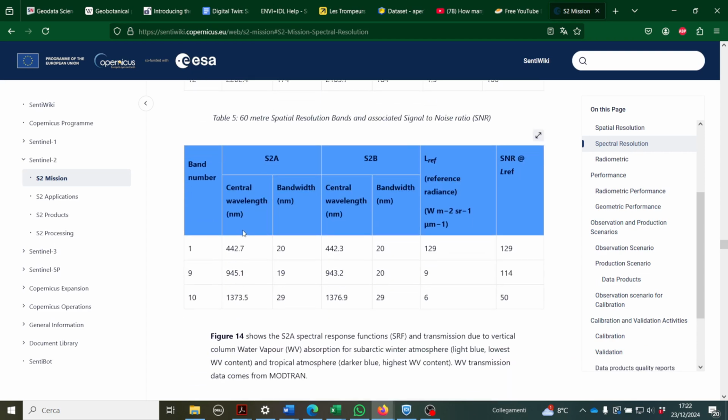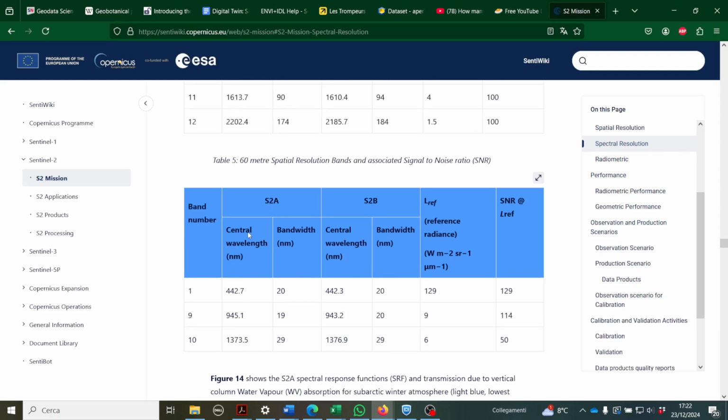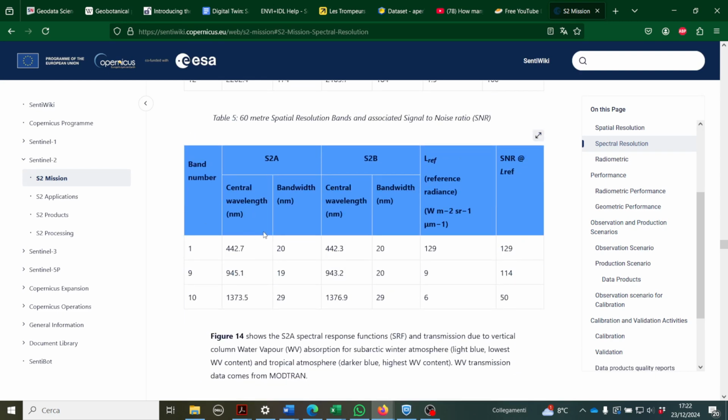While for the 60 meter bands, we have the number 1 that is 0.44, the number 9, and the number 10. So in terms of numbering, the number is coherent with the wavelength.